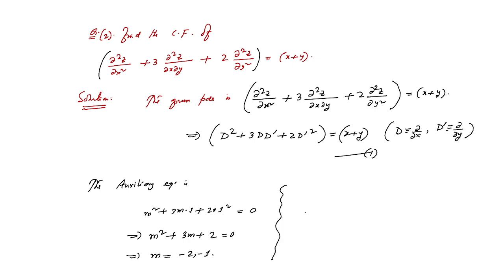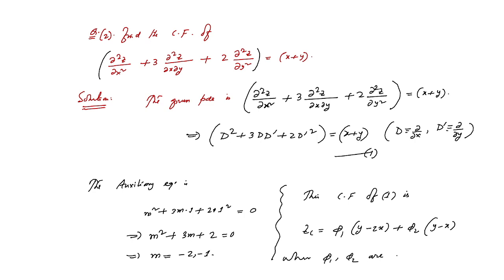Now we can write the solution. Thus the complementary function of 1 is Zc, c for complementary, equals phi 1 of y minus 2x plus phi 2 of y minus x, where phi 1 and phi 2 are twice differentiable functions, or you can say smooth functions.